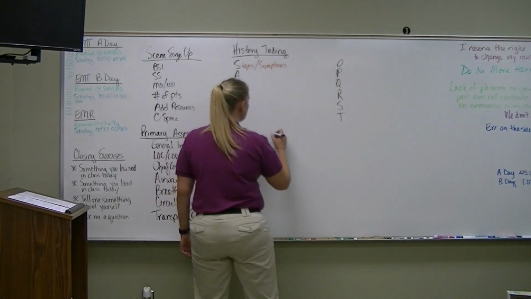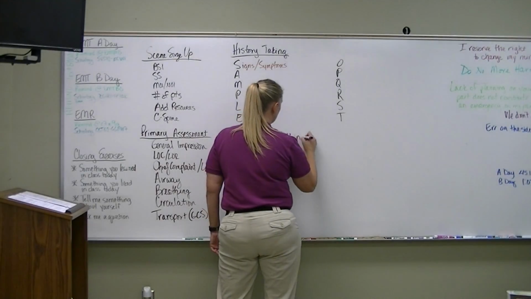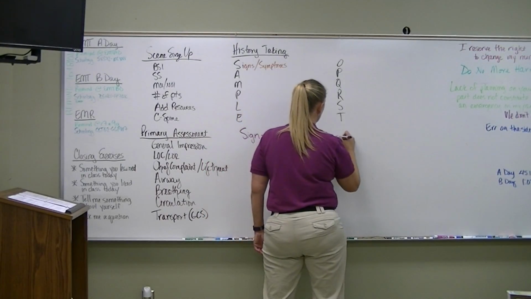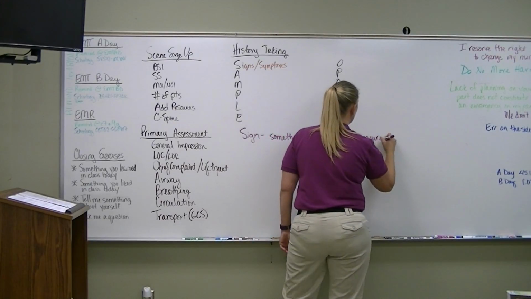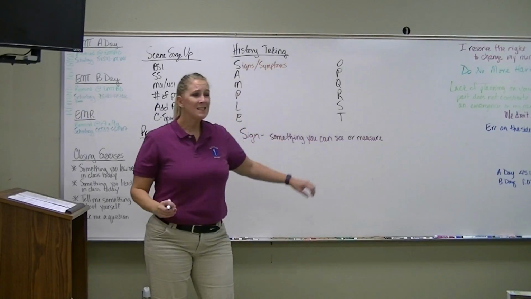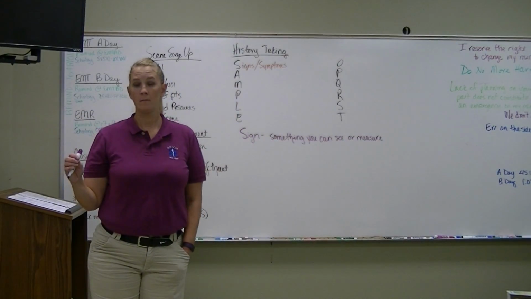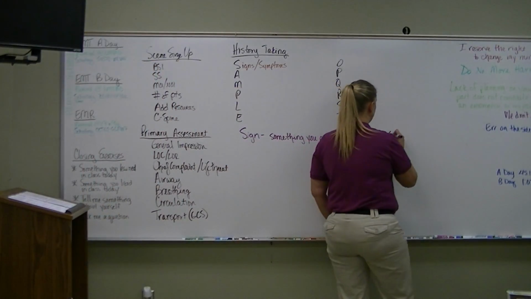So, a sign is something you can see or measure. That makes a sign, by definition, objective.